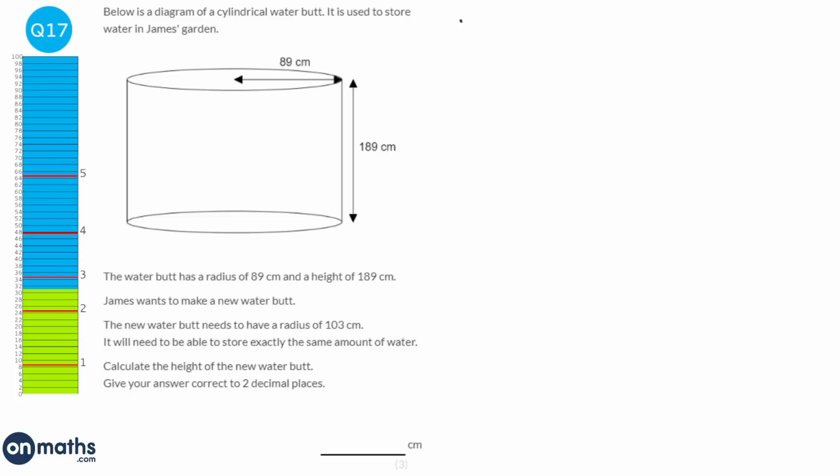So first thing to realise is that the formula for the volume of a cylinder is pi r squared h. So what we need to do first of all is work out the volume of the water butt that James currently has. So we're going to do the volume equals pi times the radius, which is 89 squared, times the height, which is 189.